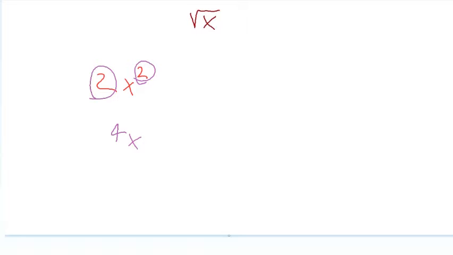The power rule also asks us to subtract 1 from the exponent, which gives us x to the power of 1, which simply gives us 4x. And simple as that, that is our derivative. The derivative of 2x squared is 4x by using the power rule.